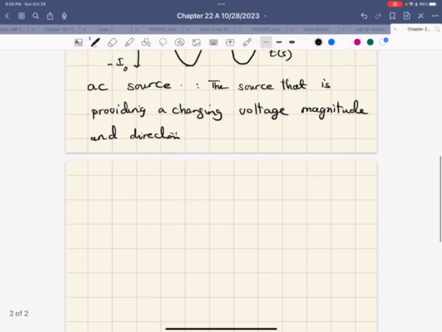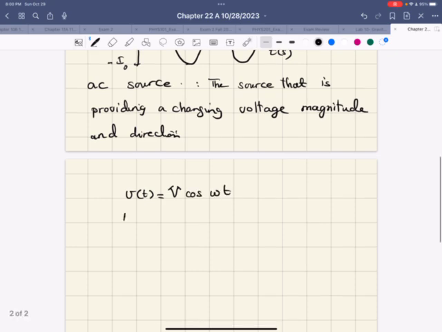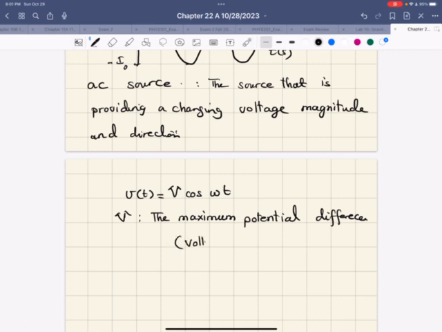Now, we can always say that the voltage at any time for this source as a function of time equals V, which is the maximum potential difference, times cosine omega t. And V here is the maximum. Either we call it potential difference or voltage, and of course this is in volts.